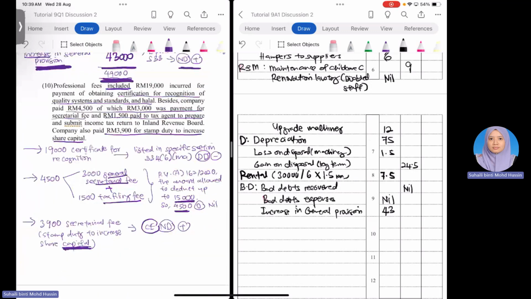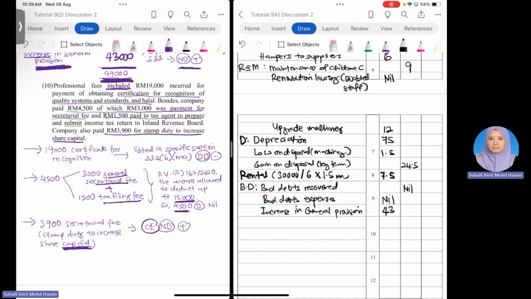One is the payment to get the certificate of recognition, 19,000 ringgit. Second, the company made a payment of 4,500 ringgit for the general secretary fee plus the tax filing fee. And the third payment is 3,900 ringgit for the secretarial fee as well, but to increase the share capital. So 3 different items, but they are included under the professional fee.